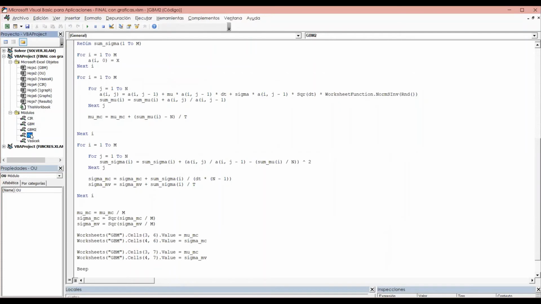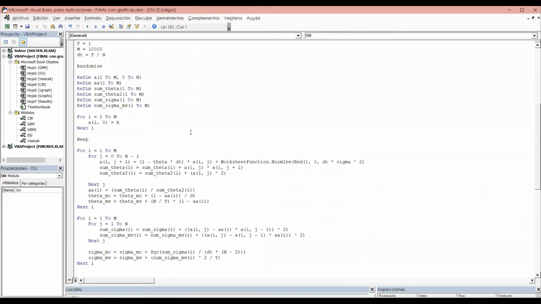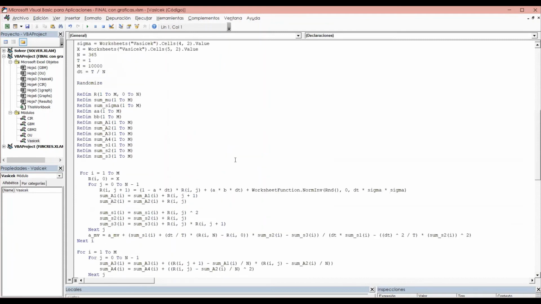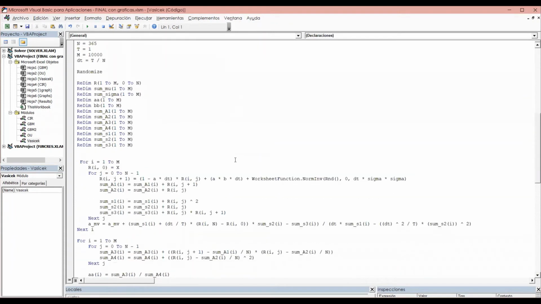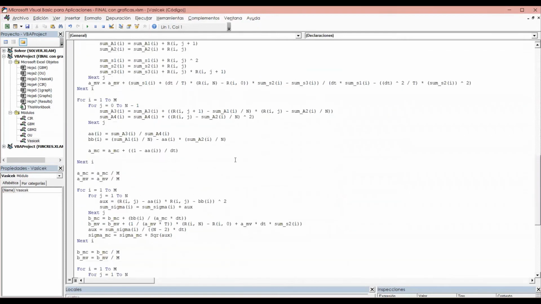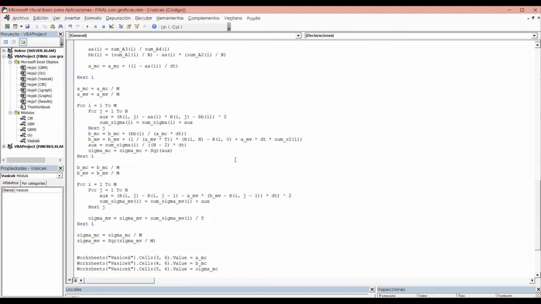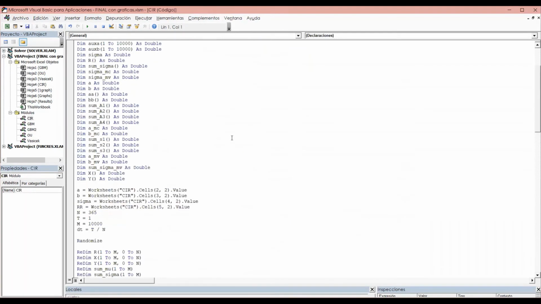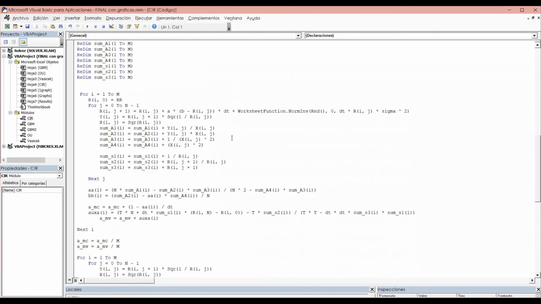Then the one for Ornstein-Uhlenbeck, the one for Vasicek, where it gets a little bit more complicated since there are 3 parameters, but it's done the same way. And last but not least, the Cox-Ingersoll-Ross, that it's similar to the previous one.